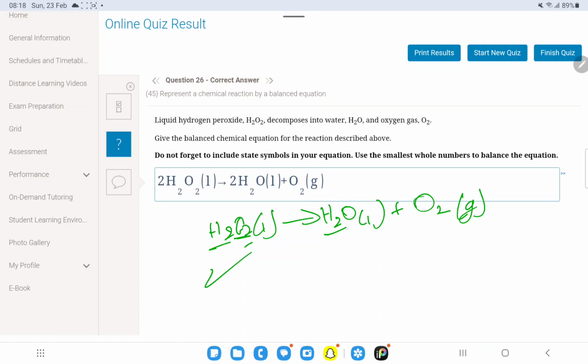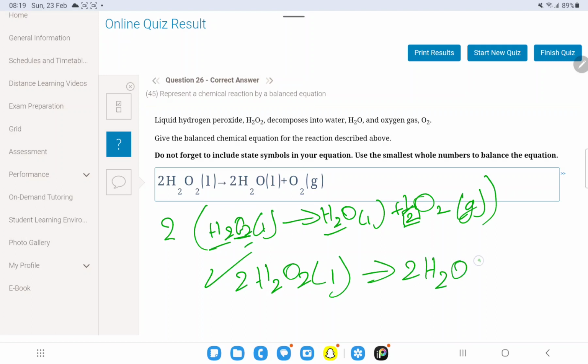So you only want one atom after this, so you get a fraction. But you cannot have fractions, so you multiply the whole thing by the denominator, so 2. So 2 H2O2 liquid produces 2H2O liquid plus O2 gas.